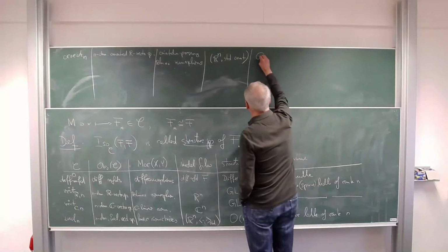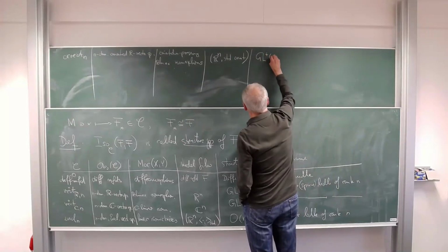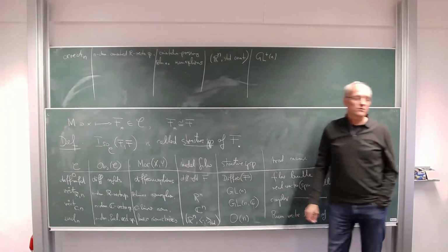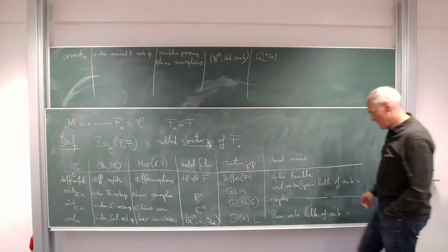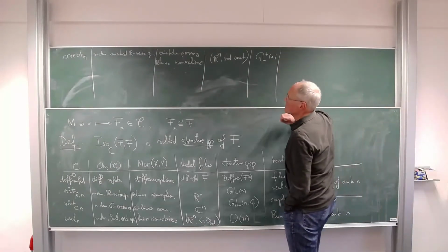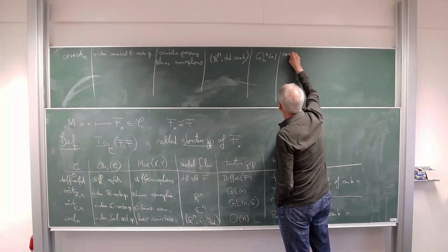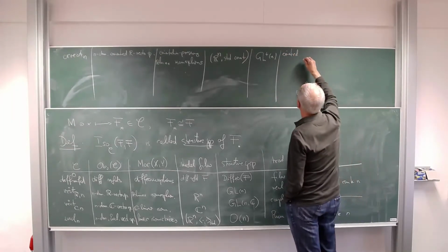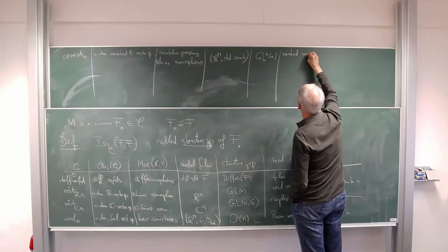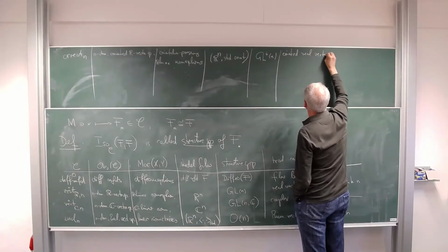It's called GL plus n. So these are all those n by n matrices with positive determinant. Yes, and that thing is then an oriented real vector bundle.